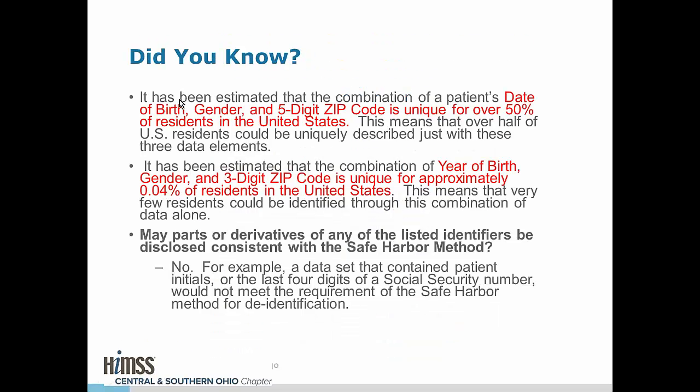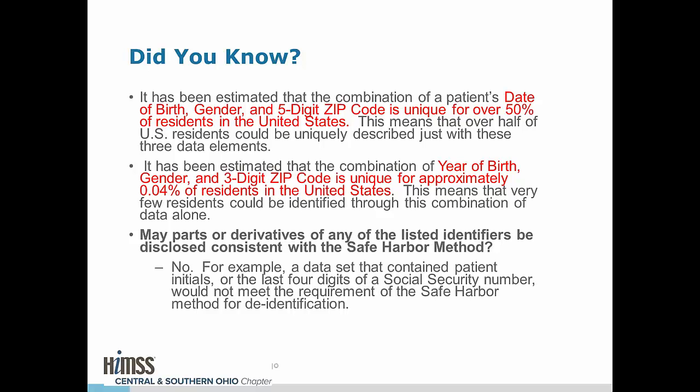Did you know, it's been estimated that if you know the patient's date of birth, their gender, and a 5-digit zip code, that's unique for over 50% of residents in the United States. Now, I wish I could remember, there's a PhD in Washington who is really a consumer advocate, and I drew a blank as I was looking for her information.